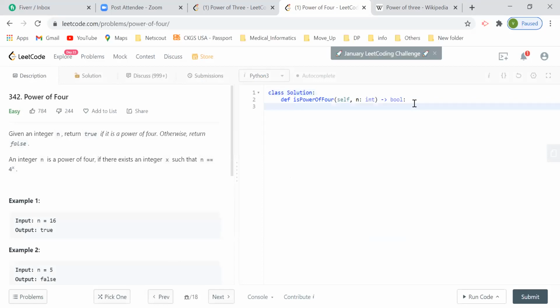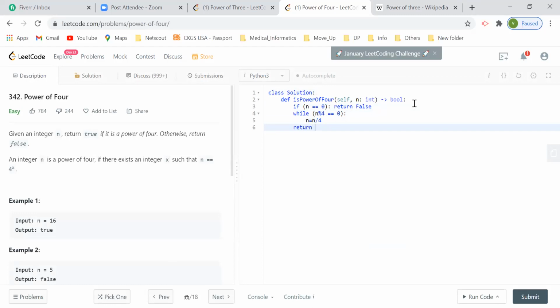So if n equals 0, return false. While n mod 4 equals 0, divide n by 4. Then return whether n is equal to 1. It's actually the same thing.